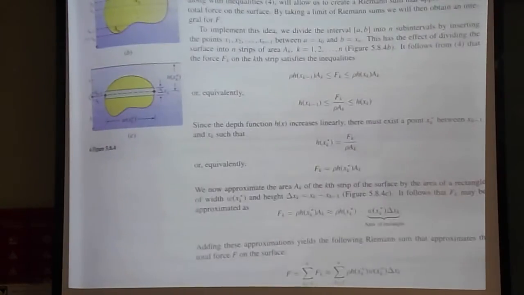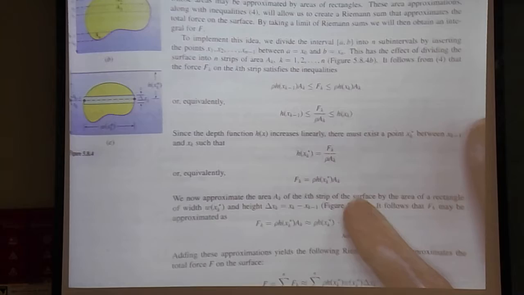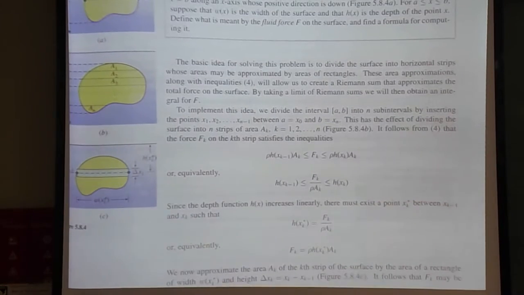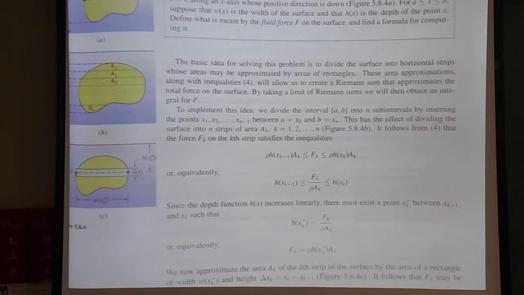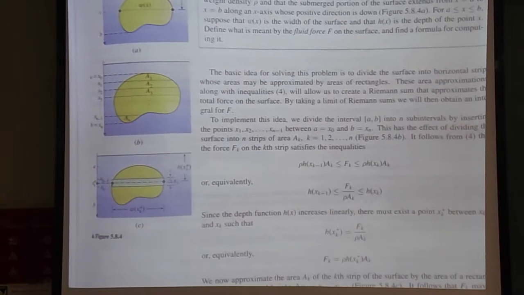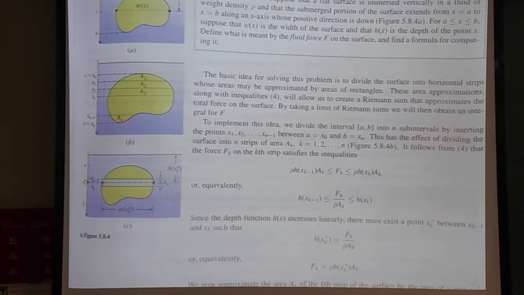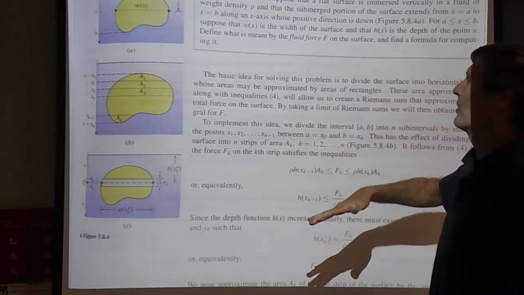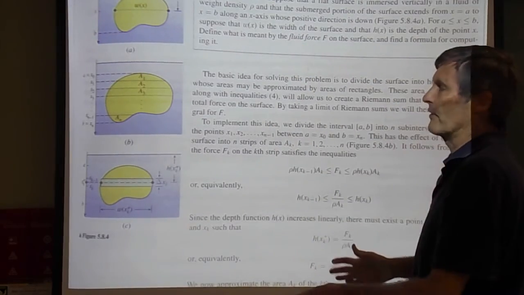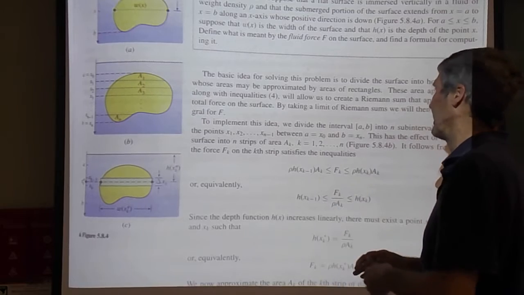When you submerge a plate horizontally in a fluid, what you find is that the force on that submerged thing is equal to the weight of the water sitting vertically above it, or whatever fluid it is.